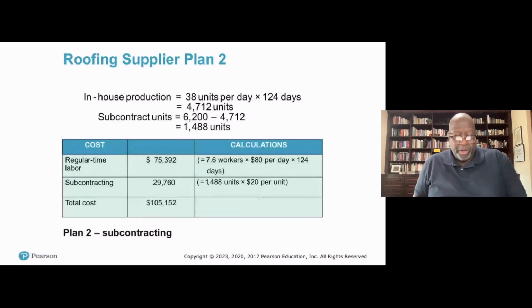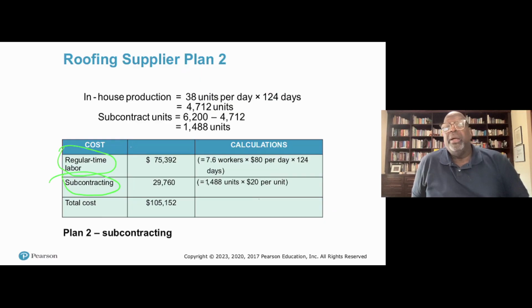All right. Okay, so there are some other options to consider. I will let you consider that in the notes. The PowerPoint notes are there, but this is a case where some regular time labor is going to be used along with some subcontracting. In this case, we're going to use in-house production of 38 units per day, not the 50, 38.